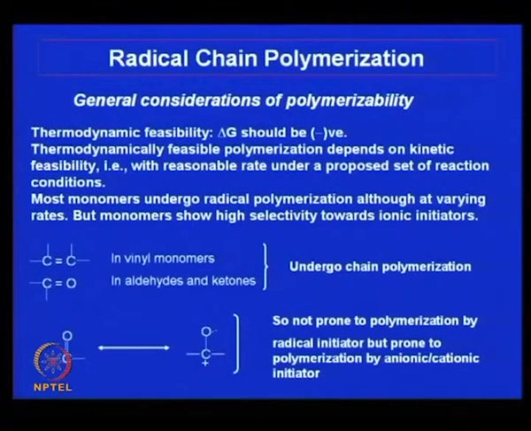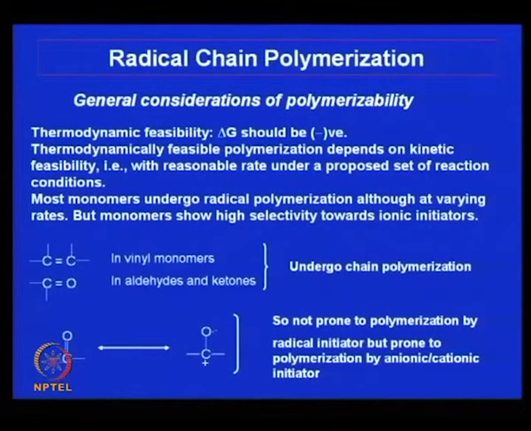Now, in case of condensation polymerization, you have seen that the minimum requirement for the reactant molecules to be polymerized is bifunctionality. The reactant should be at least bifunctional. In case of radical chain polymerization, the monomers which undergo addition chain polymerization do not contain such type of functional groups. What are those things?